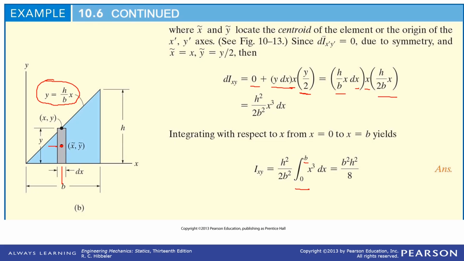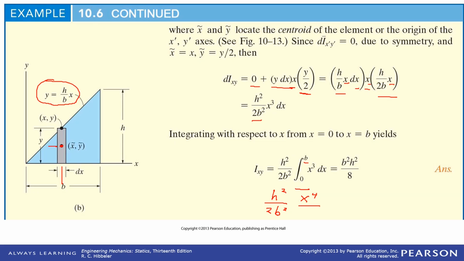We can get h squared over 2b squared out, and we've got 1, 2, 3 x's, x cubed dx. Integrate it. So that'd be h squared over 2b squared times x to the 4th over 4.